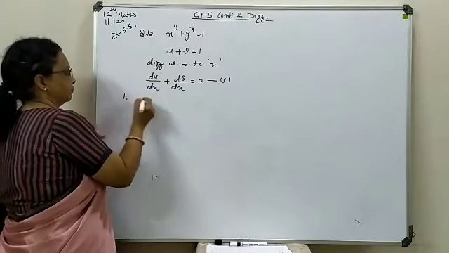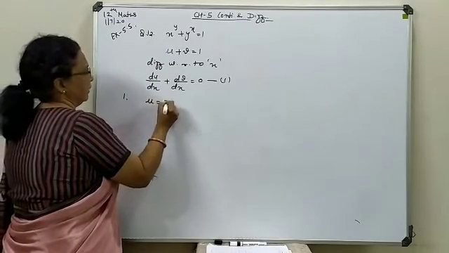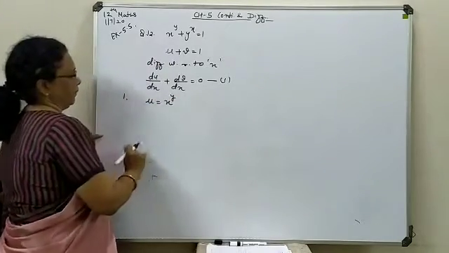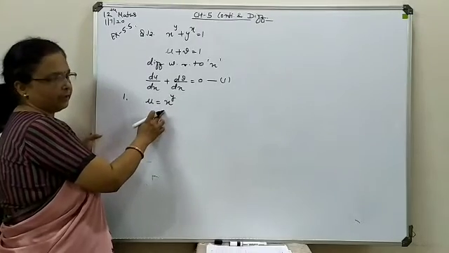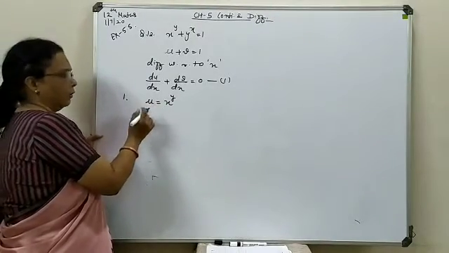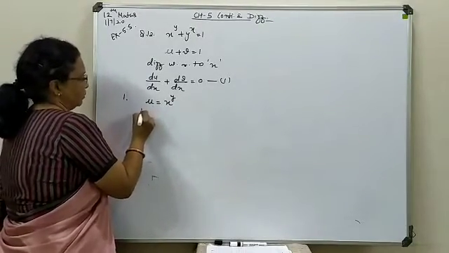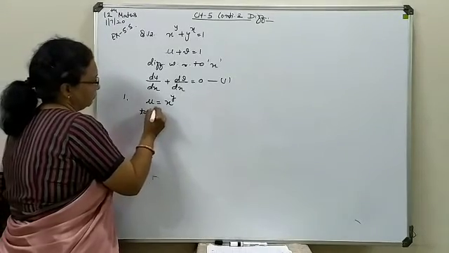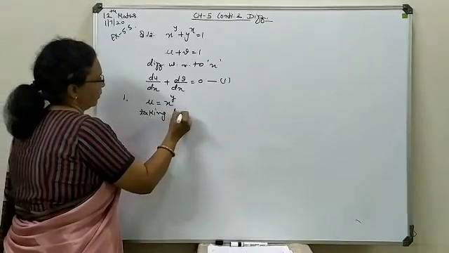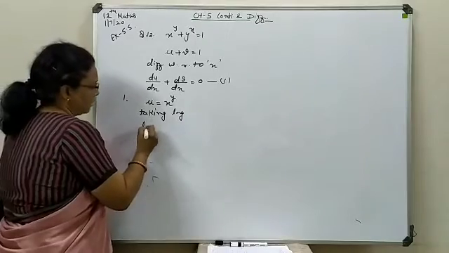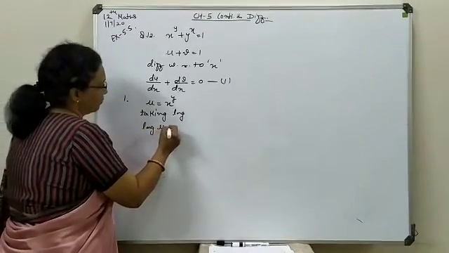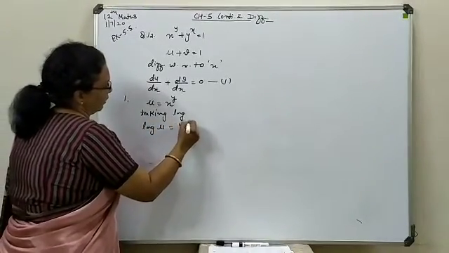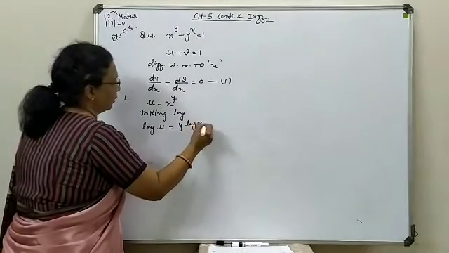The first part, your u term, is x power y. Here both are variables, so go for taking the logarithm. Taking log, this will be log of u equals y log x.